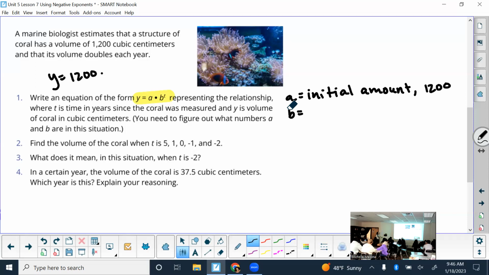In previous problems, we also had an initial amount that we were timing by something each time. What's that thing called that we time each time? Or can you tell me what the b value would be?